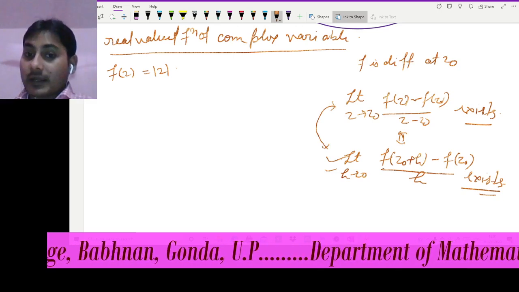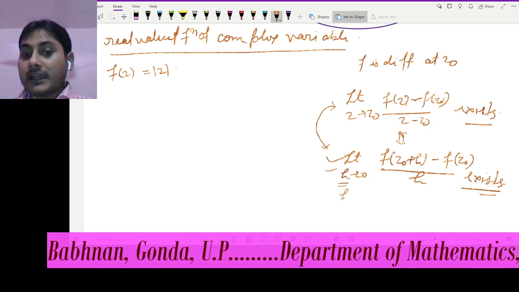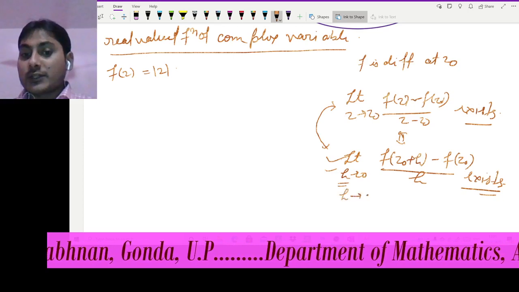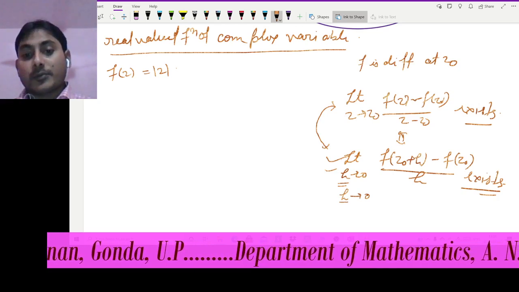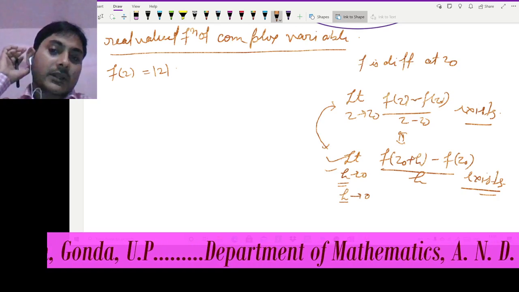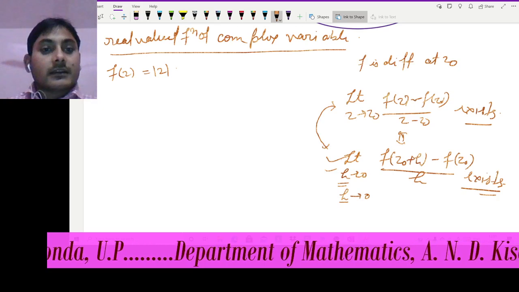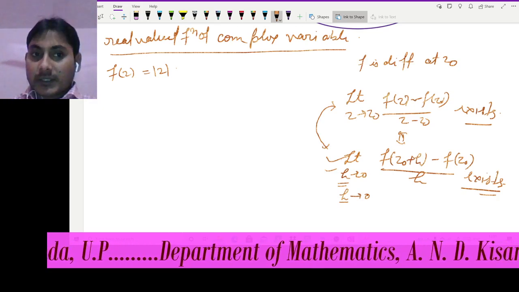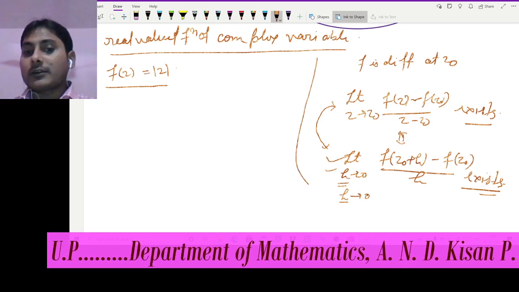But here I am again saying that this h is approaching 0, but h is a complex number, so it can approach 0 by following different paths in the complex plane. Next we deal with this example, and let's see whether this is differentiable or not.